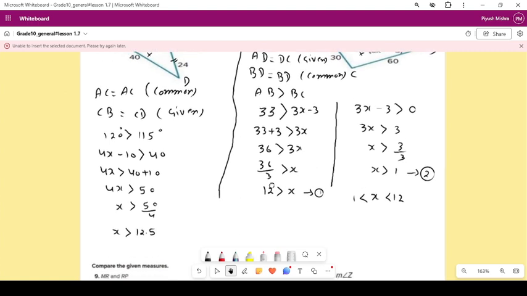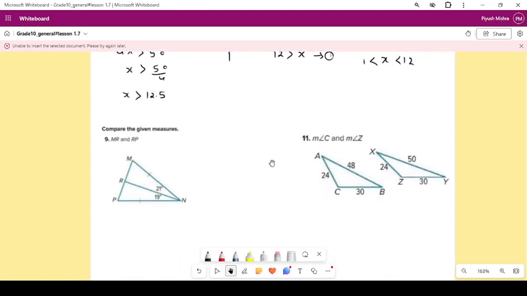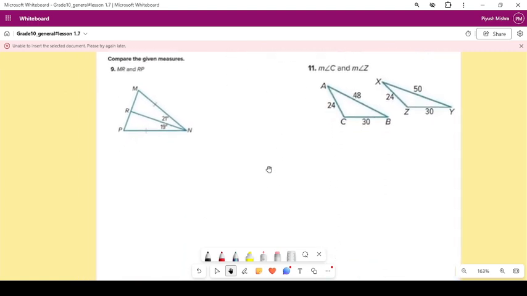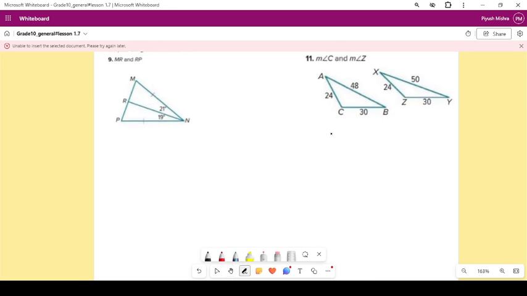Okay, coming back to the next question. In this triangle, same thing I am going to do. So I will be taking this triangle and this triangle. It is clearly telling that PN is equal to MN. The first thing, it is given.